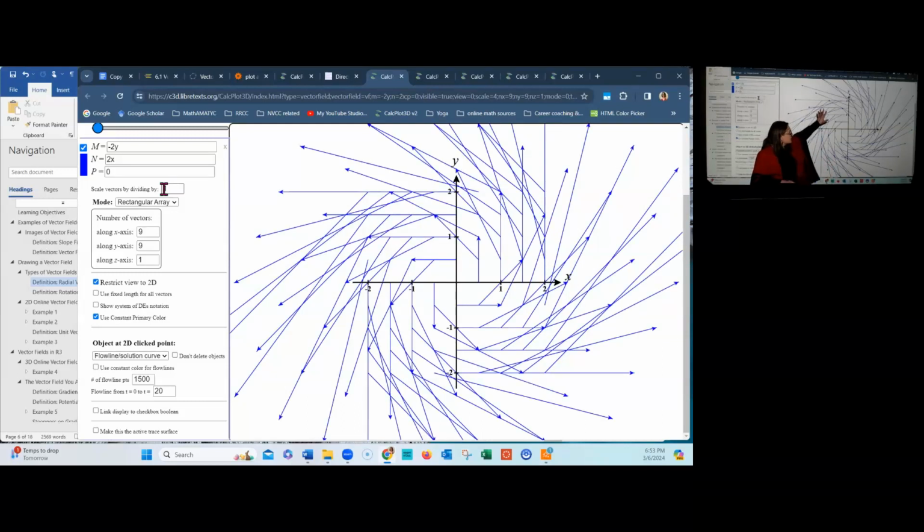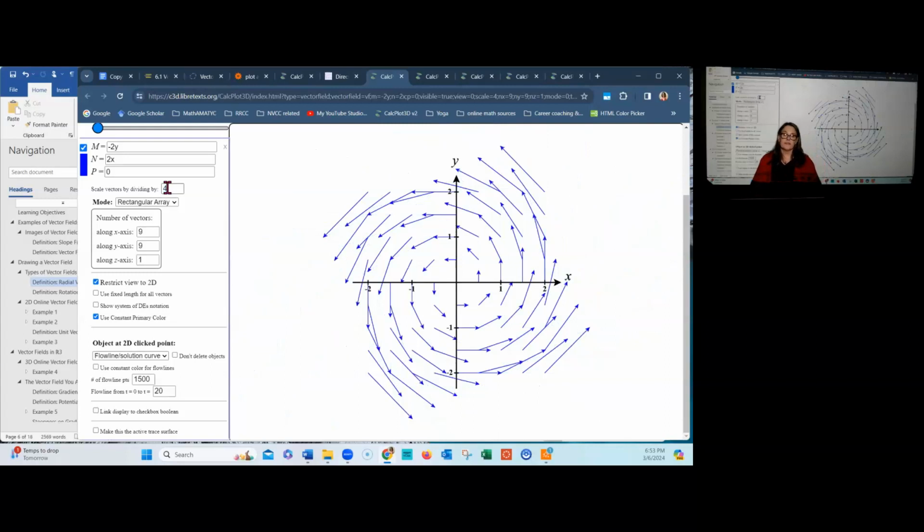Now, when you look at it, it's more difficult to see the flow or the current because they're starting to overlap, and it gets confusing as to which direction they're going. By scaling it by 4, we make it easier to see what the flow of the current is, whatever the object is that's flowing: air, earth, oil, lava, heat, or current.